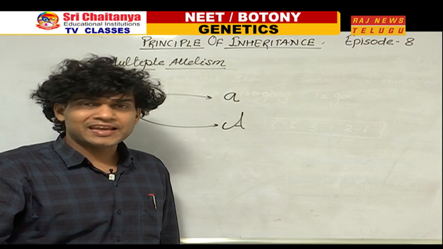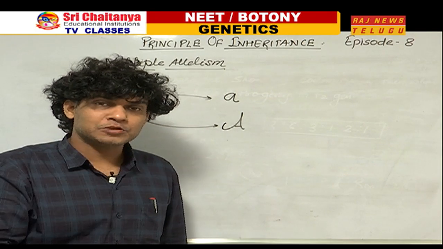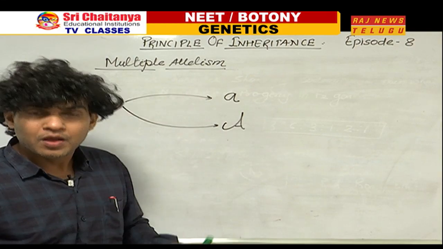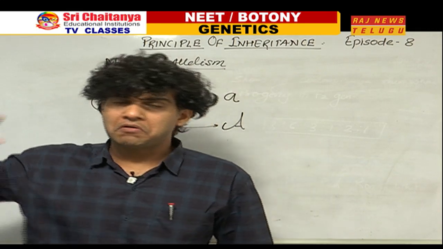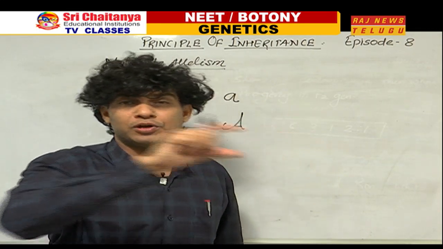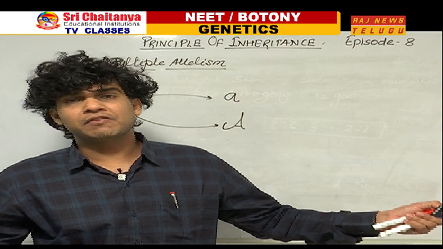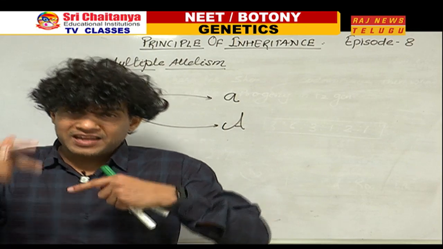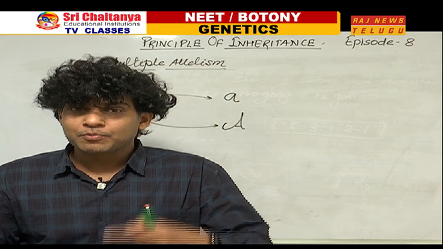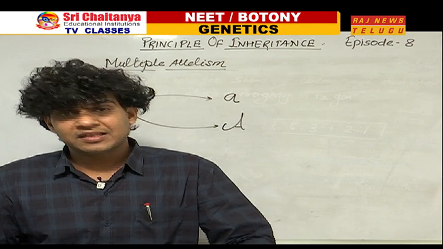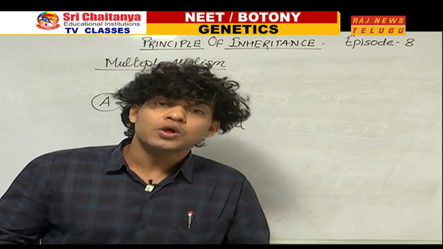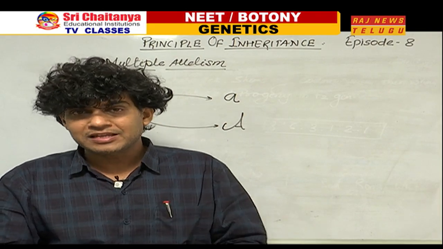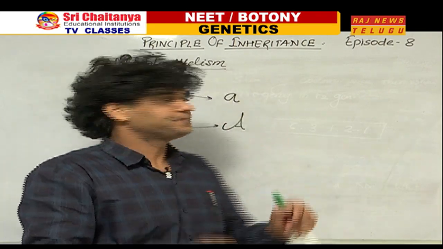So you can say that multiple alleles arise by more than one type of mutation in the wild form. Whenever the wild gene mutates by only one type of mutation, it will give rise to two allelic variants, that is the normal condition. But if the wild gene mutates by more than one type of mutation, then the resultant variants would be more than two, and that condition is known as multiple alleles or multiple allelism.